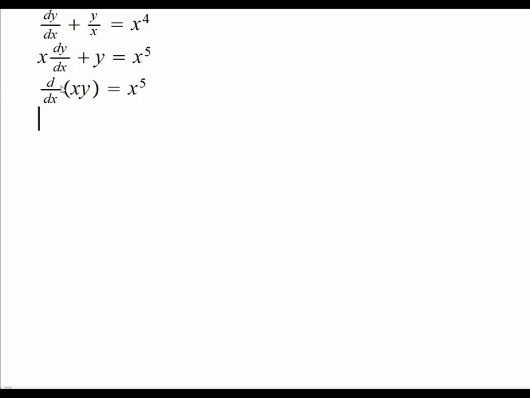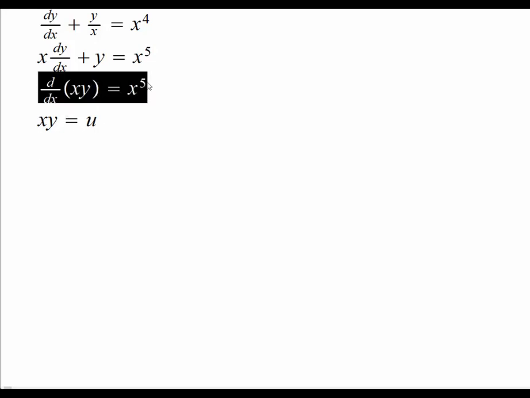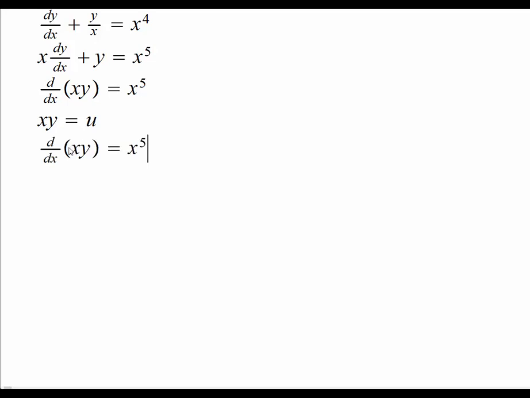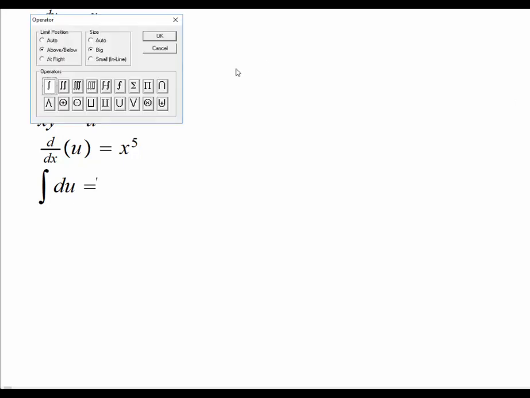Now, say we let this quantity xy be u. Then what do we get? We get that du/dx is x to the power 5, and now we have the same condition as we had for separation of variable questions.